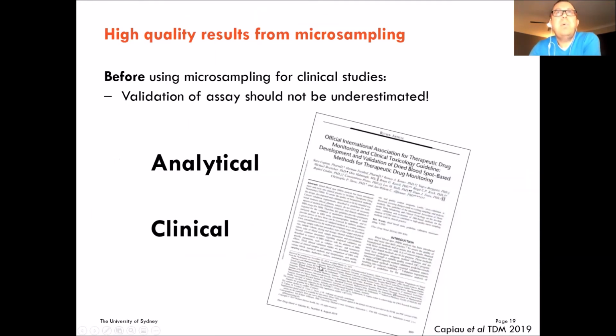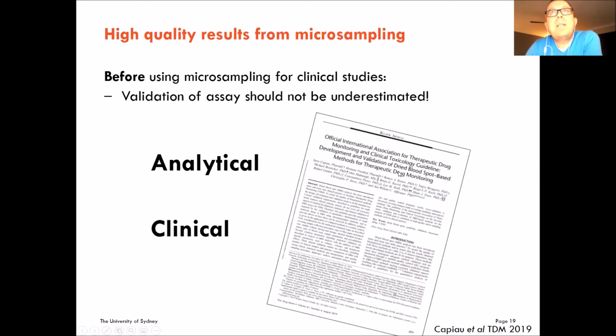So high quality is important, and Christoph already mentioned our paper from the International Society of TDM and Toxicology, where we put a lot of effort in presenting all the strategies for analytical and clinical validation of microsampling.